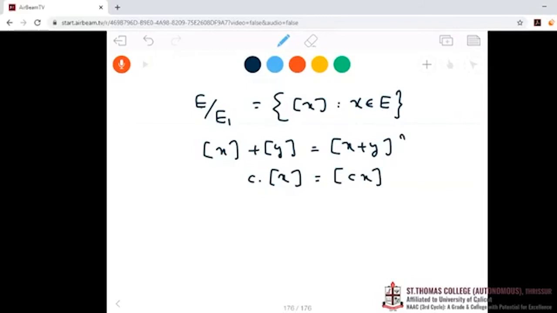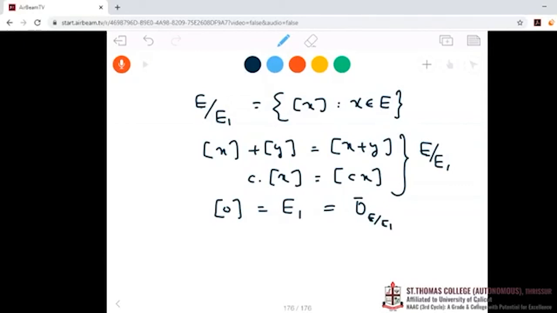With respect to these operations, E over E1 becomes a linear space, and class of 0, which is nothing but E1, will serve as identity. This is our zero vector of E over E1.